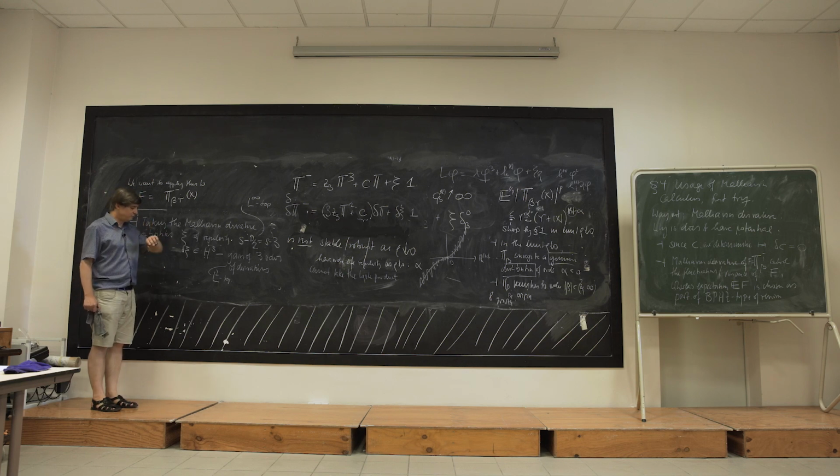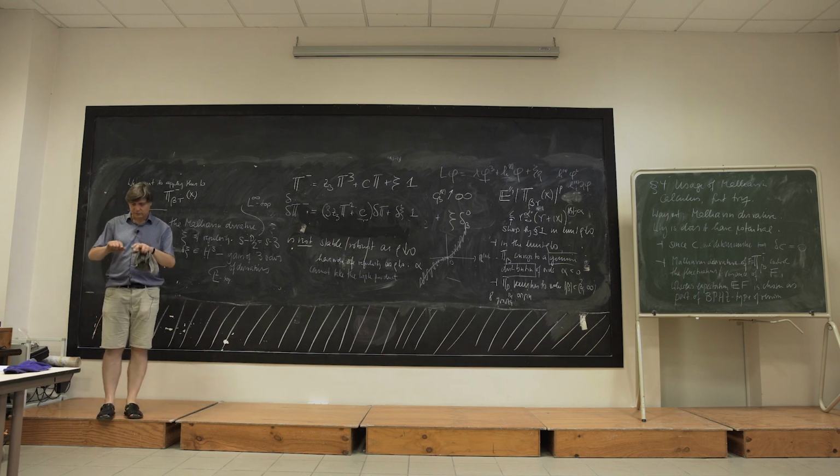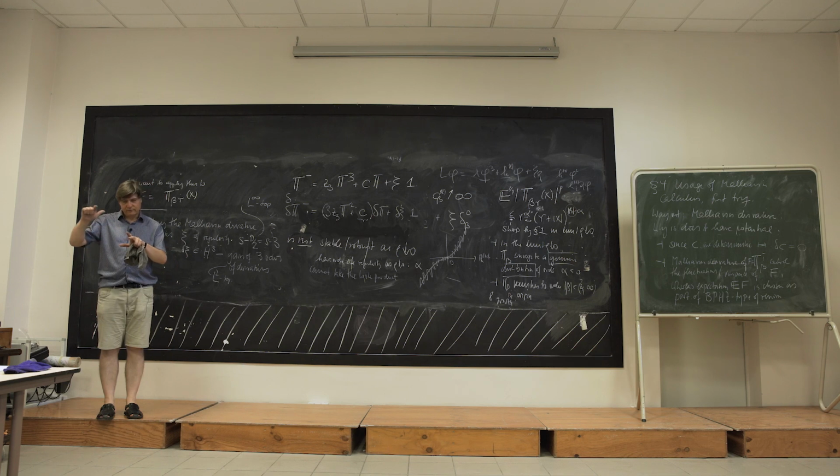And in fact, what I want to tell you next time is that the right way to get an idea of what to do is to think of the Malliavin derivative as being an element well approximated by the tangent space to your solution manifold.